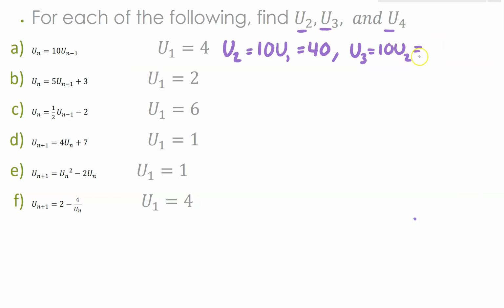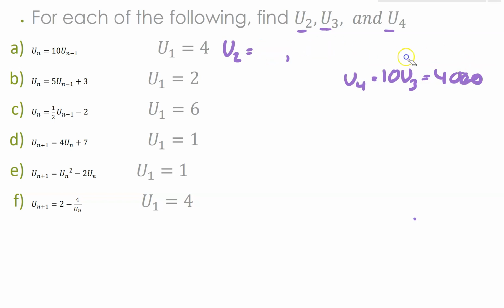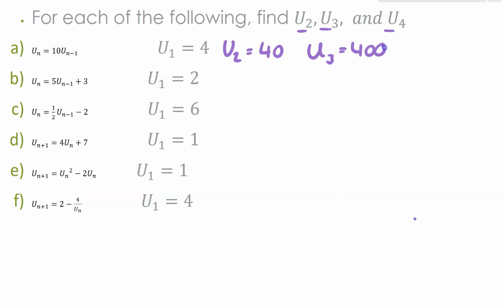So 10 times 40 is 400. And then similarly U4 would be 10 times U3, which would be 4,000. Right, so for each of the find U2s, U3s and U4s, your answers would be U2 is worth 40, U3 is worth 400, and U4 is worth 4,000.